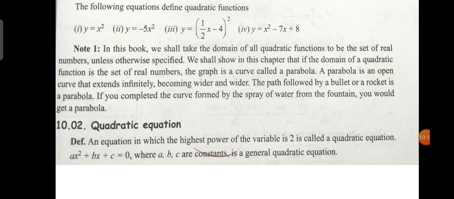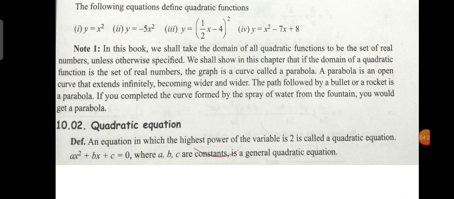A quadratic equation is an equation in which the highest power of the variable is 2. That is, y is equal to ax square plus bx plus c, where y is equal to 0, that is ax square plus bx plus c is equal to 0. The highest power of the variable is 2, the second power; that is the condition for a quadratic equation.